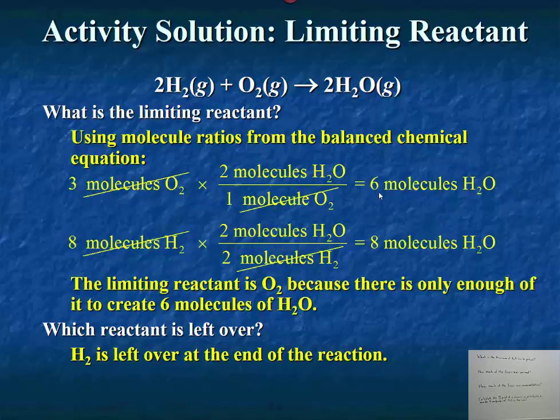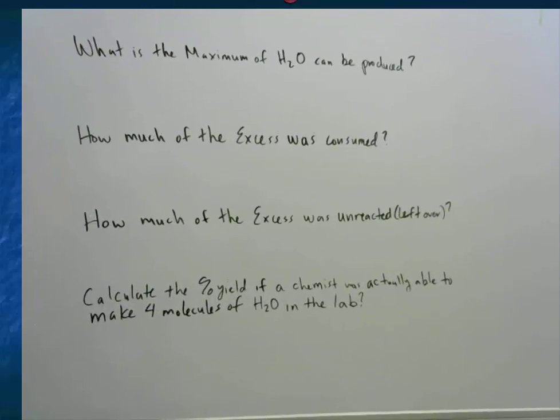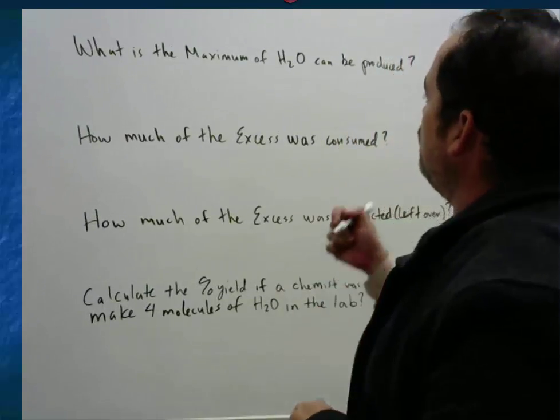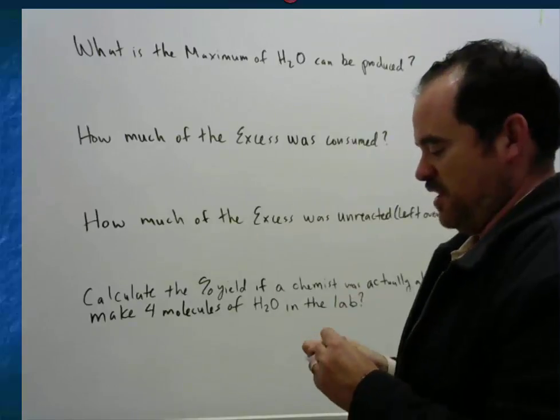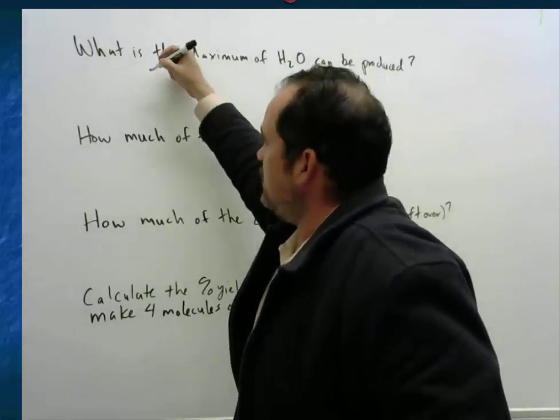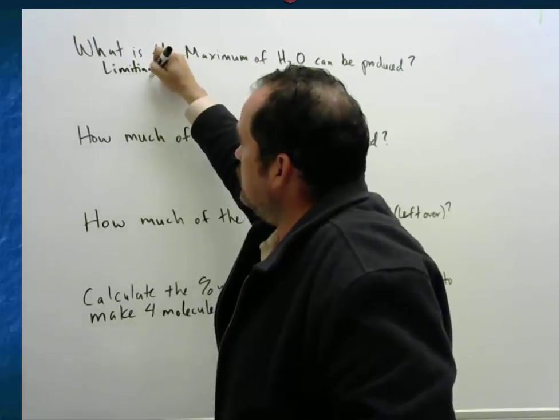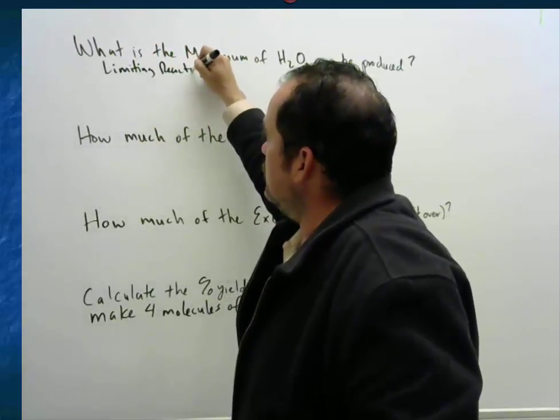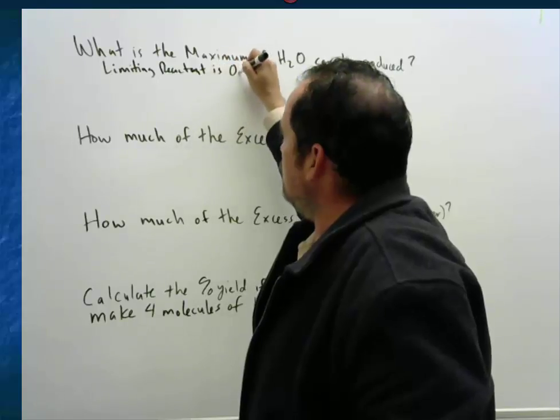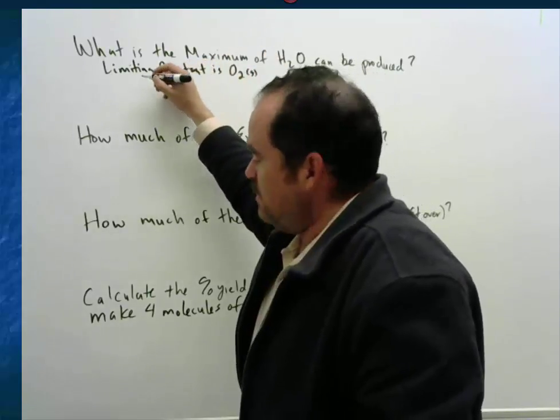So now the question I have for you guys is, what is the maximum amount of water that can be produced from this reaction? Well, the answer, as you saw there, was 6. Why? We found out that the limiting reactant is O2 gas. So how much did we start off with?